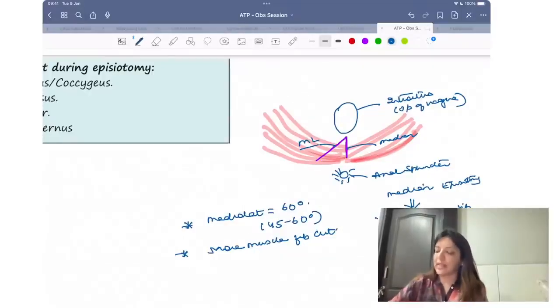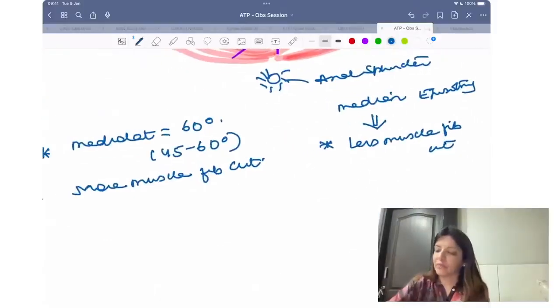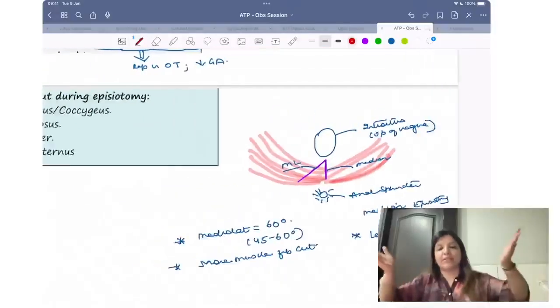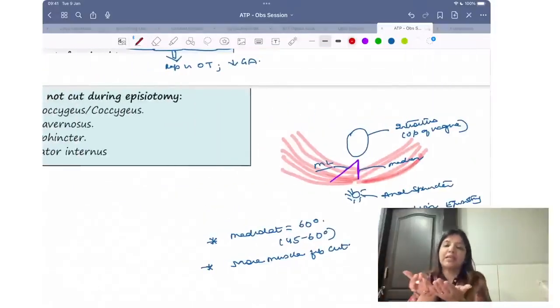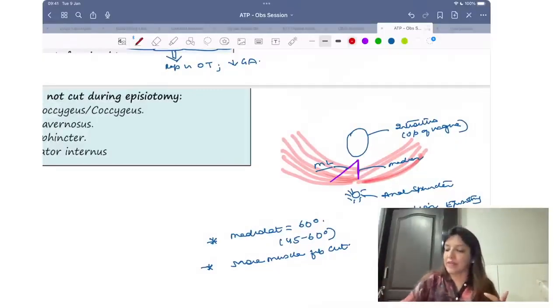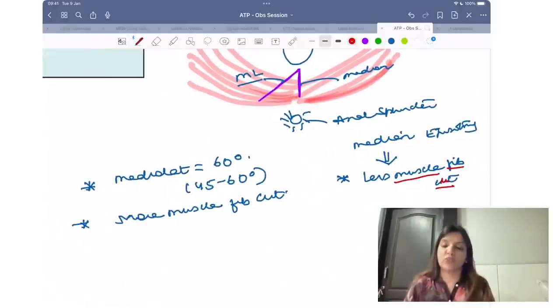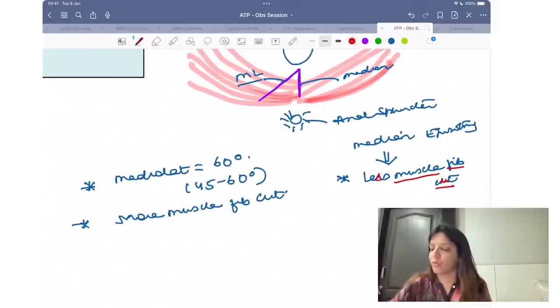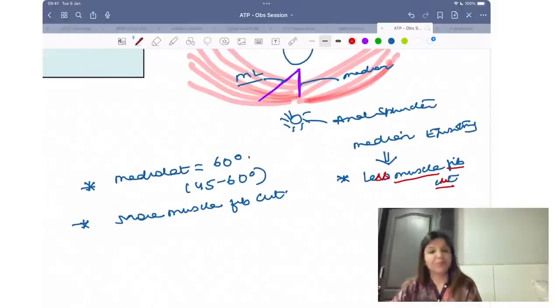Because the muscle fibers are maximum at the sides, and by the time they come to the center, there are fewer muscle fibers. So in median episiotomy, always less muscle fibers are cut. In mediolateral episiotomy, always more muscle fibers are cut.